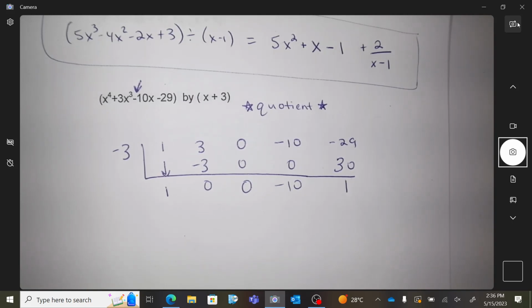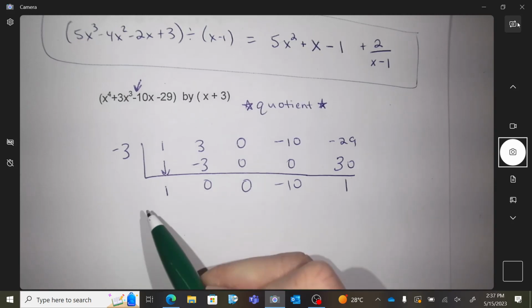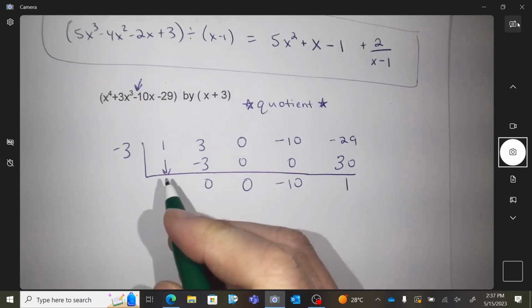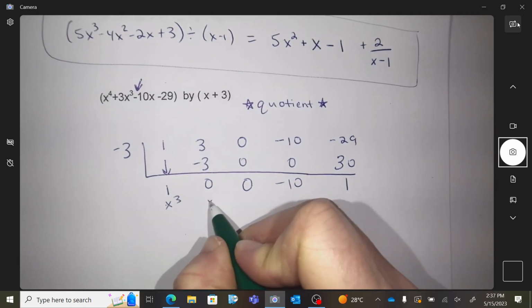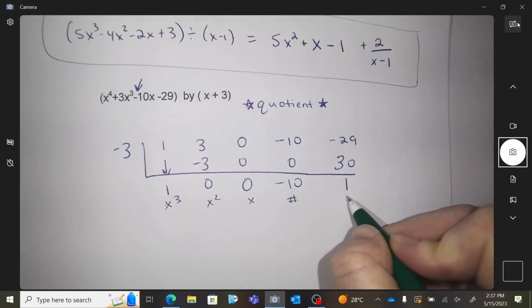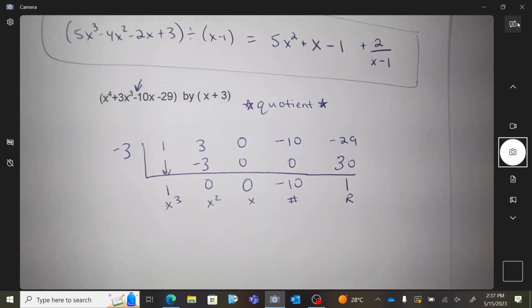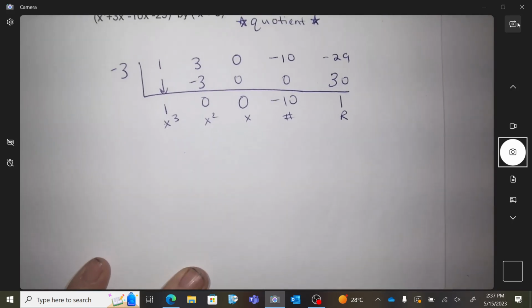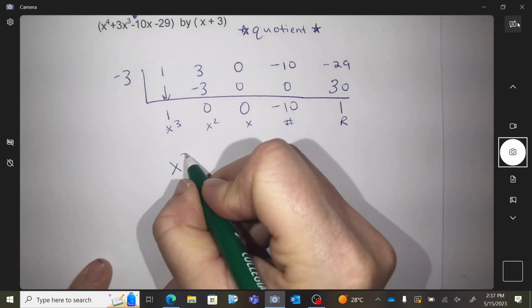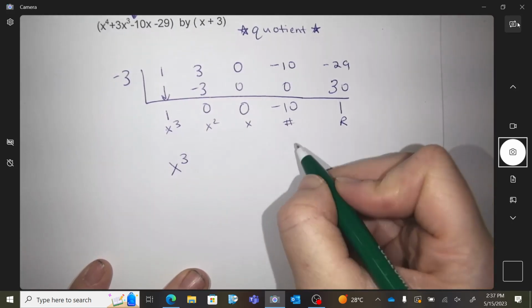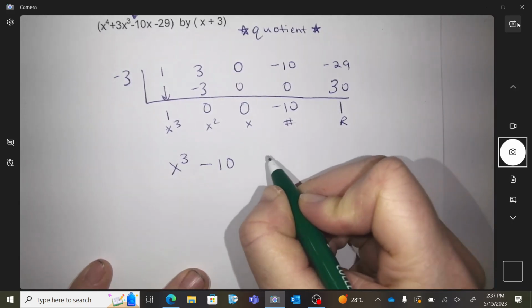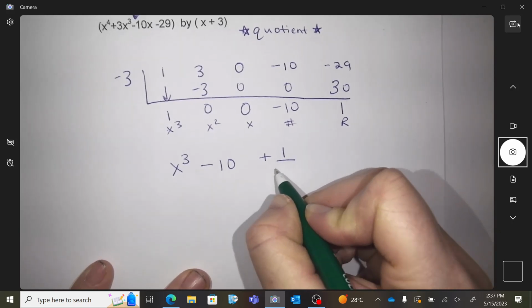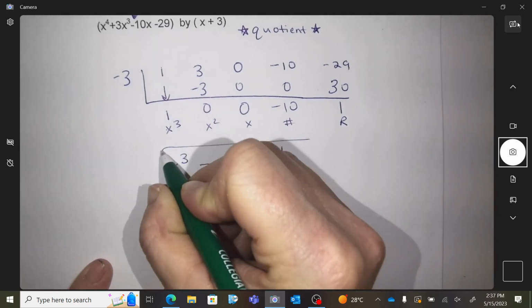Yeah. Okay, so this should be a 1 what? X cubed, x squared, x number remainder. That's kind of the order, right? X cubed minus 10. So I'm going to write x cubed, nothing, minus 10, plus 1 over x plus 3.